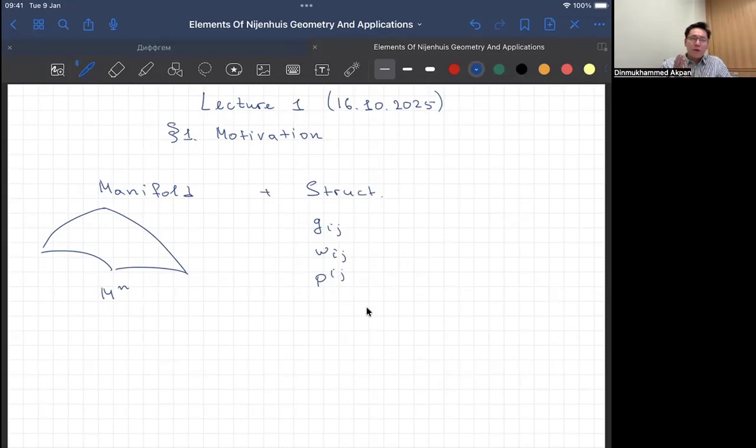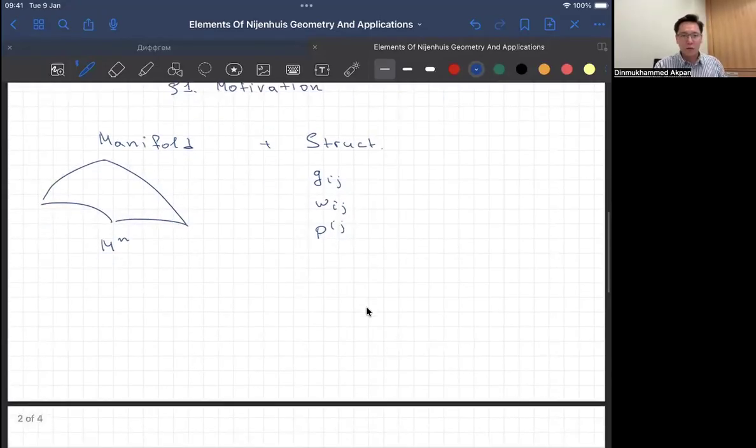For example, if you have a metric, a symplectic structure, and an almost complex structure, there is a compatibility condition and other beautiful things. It's some motivation, and what kind of mathematical apparatus we have to study these kinds of problems.